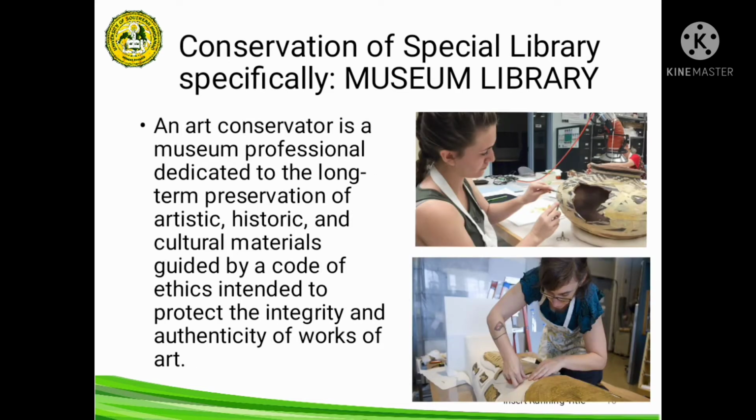The conservation of special libraries, specifically the museum library. An art conservator is a museum professional dedicated to the long-term preservation of artistic, historic, and cultural materials guided by a code of ethics intended to protect the integrity and authenticity of works of art.